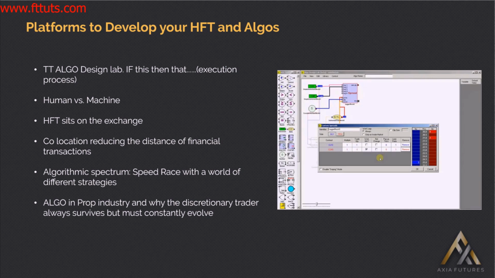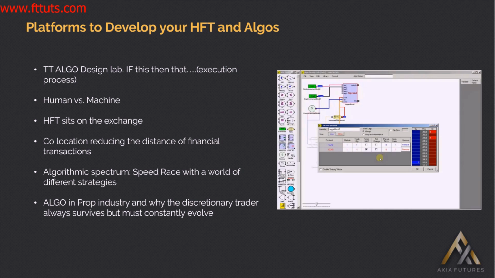The algorithmic spectrum is a speed race with a world of different strategies. The HFT systems are all these algorithms in an arms race, where they're trying to separate themselves with an effective strategy coupled with the ability to execute incredibly quickly.